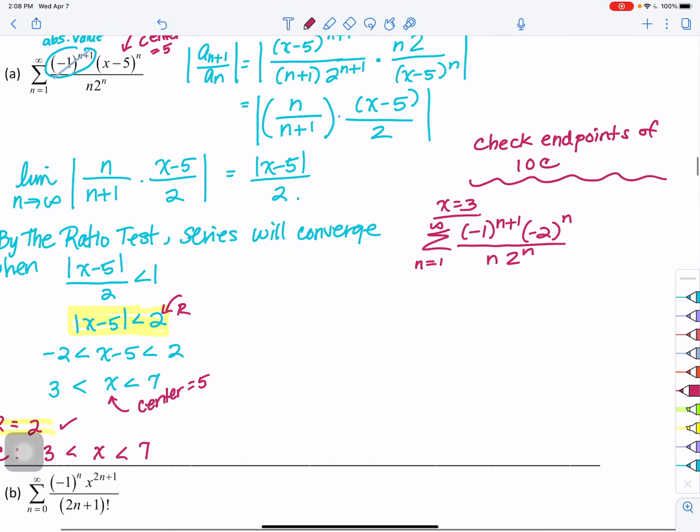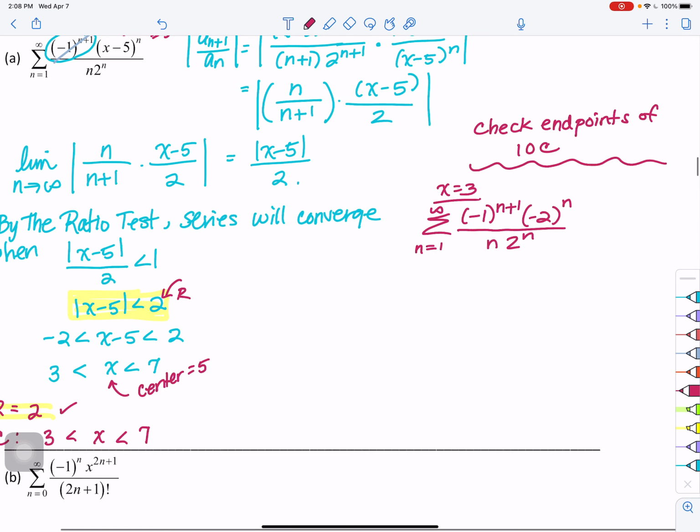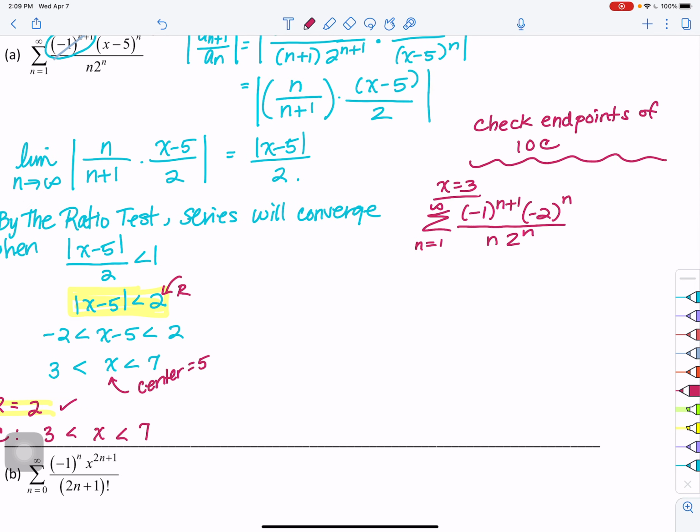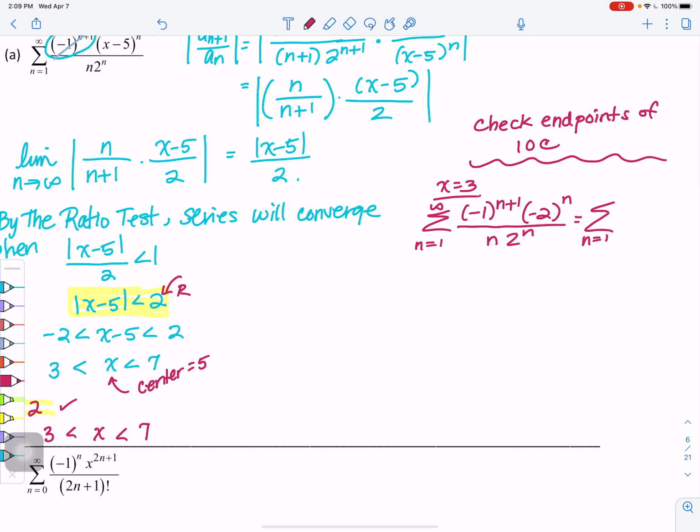Okay? So let's go ahead and see if we can simplify that. That's equal to the sum from n equal 1 to infinity, and this is actually negative 1 to the n multiplied by 2 to the n. That may take a minute for you to see.